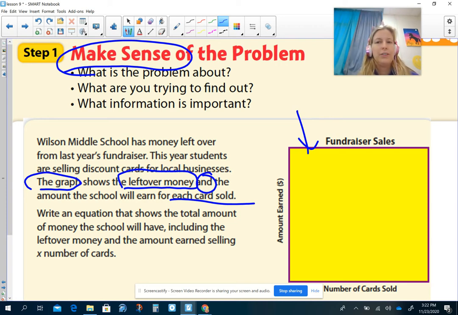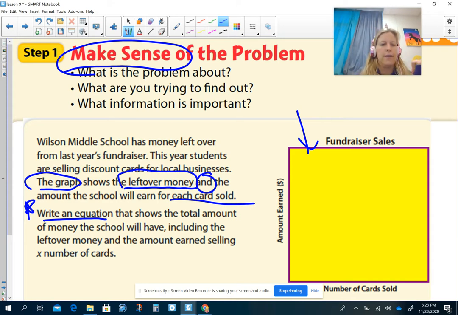Nope. Do I know how much leftover money? Nope. But the second part, and this is actually our point, we want to write an equation that shows the total amount of money the school will have, including the leftover money and the amount of money. There's a lot we have here.